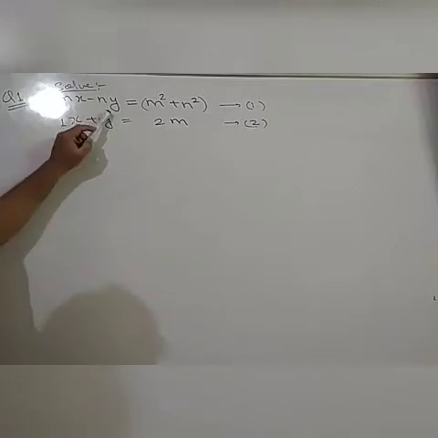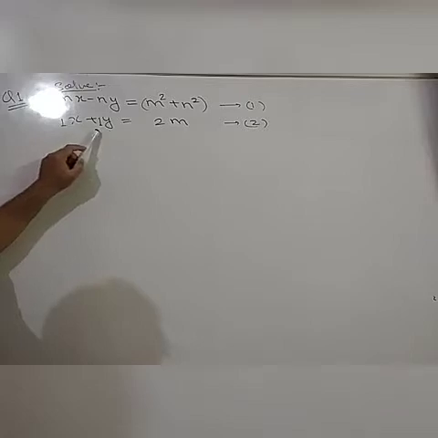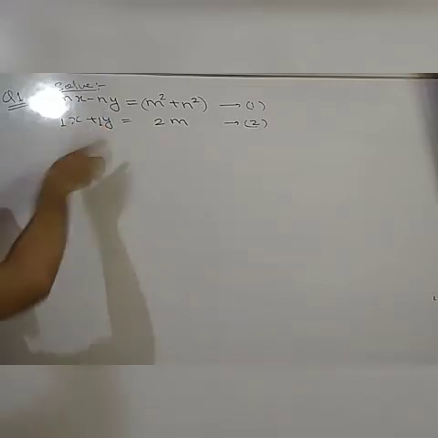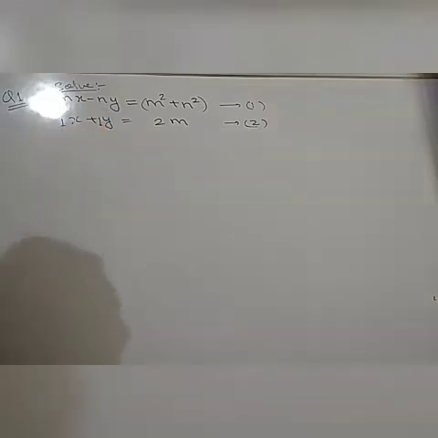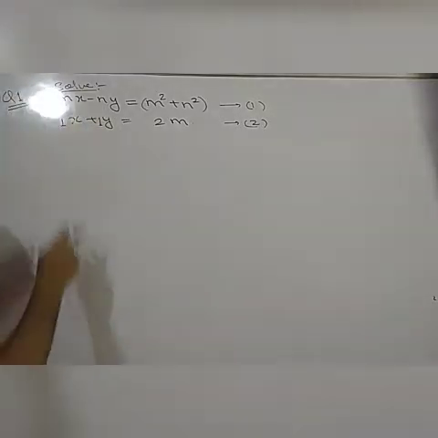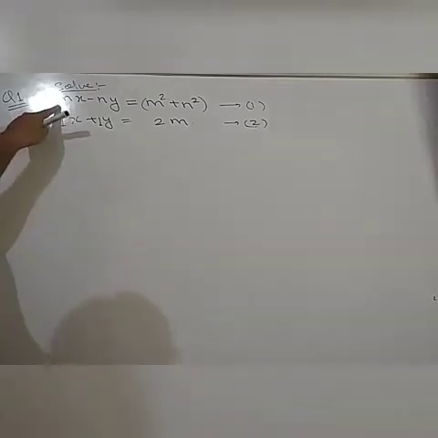The coefficient of y is n in the first equation, and 1 in the second equation. So we can equate the coefficient of either x or y. In this question, I want to equate the coefficient of x.